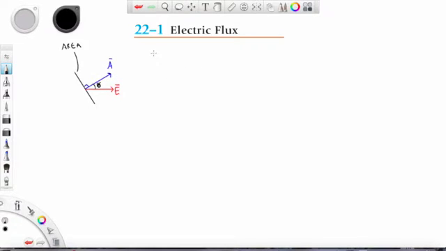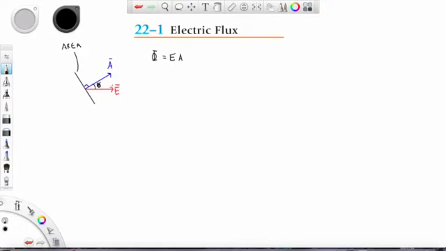The electric flux is denoted by the Greek letter capital phi, and it is the product of the electric field and the area.